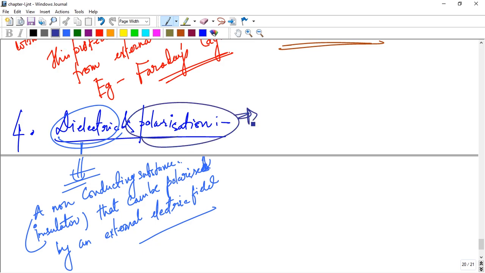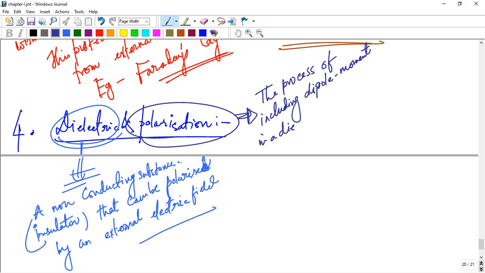Now what is polarization? Polarization is the process of inducing dipole moments in a dielectric by applying an external electric field.